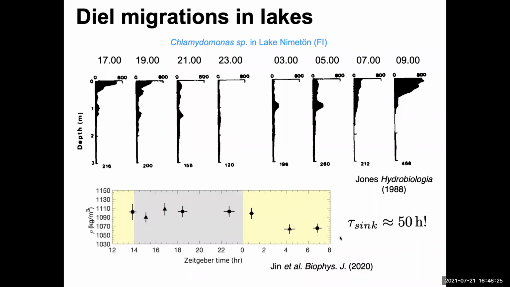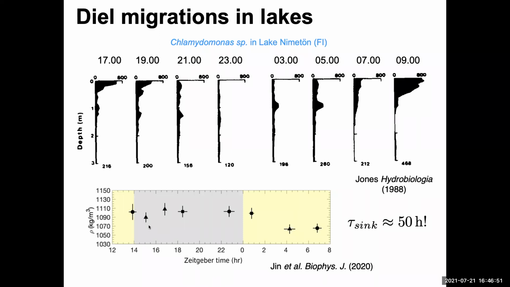Another thing to notice is that the cells, so D measures the Chlamydomonas sinks at around 5 microns per second. So if you work out how long a cell would take to sink a meter, it would take about 50 hours. So individual cell sinking is probably not a useful mechanism for going down the water column.